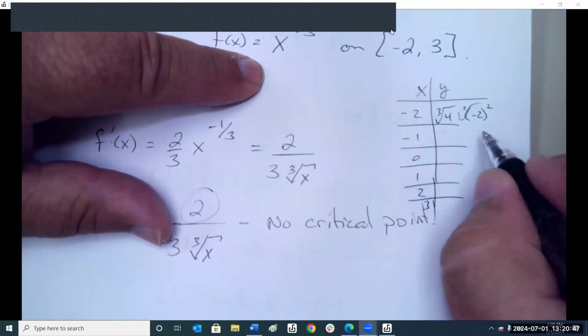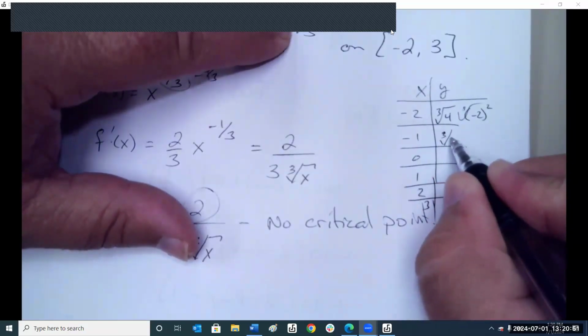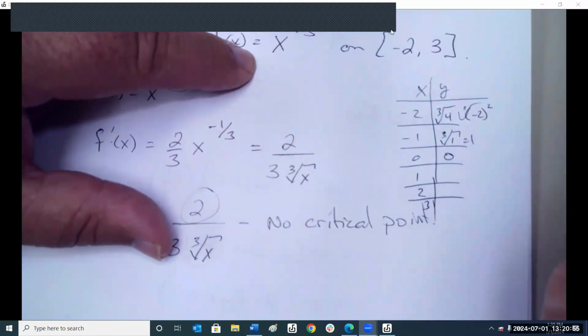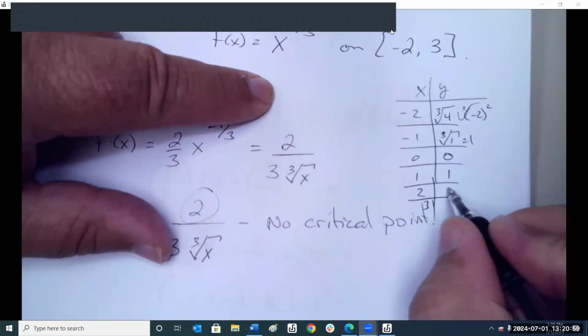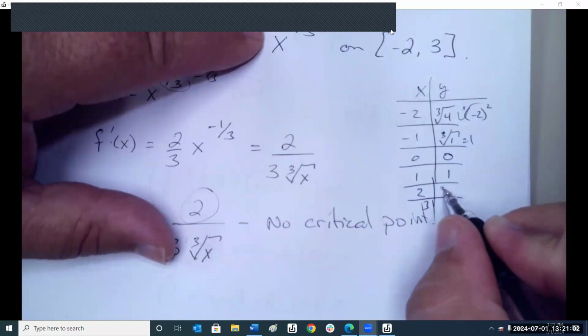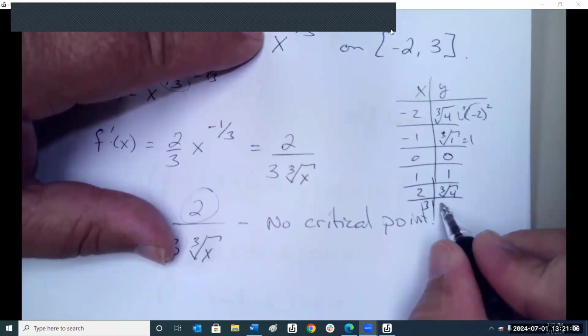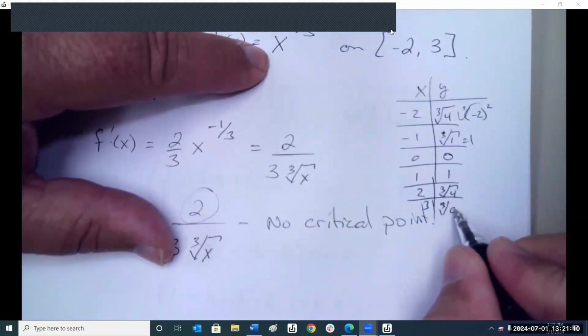At -1, -1 squared is 1, so it's the cube root of 1, which is 1. At 0, it's 0. At 1, it's 1. At 2, it's the cube root of 4. And then at 3, it's the cube root of 9.